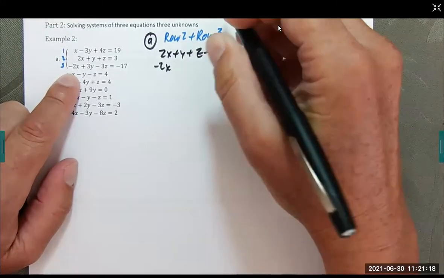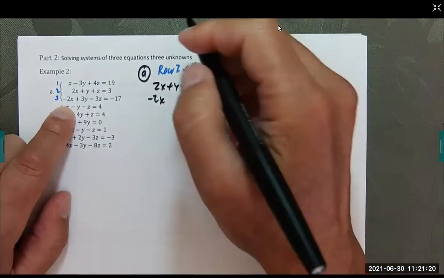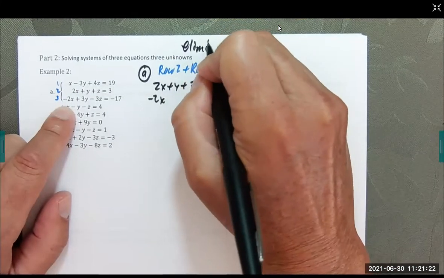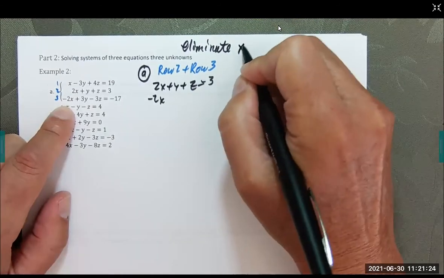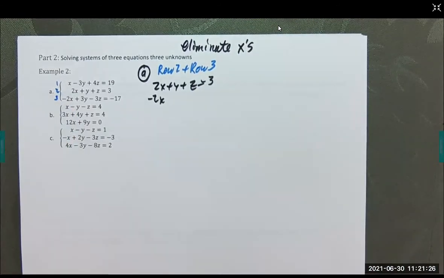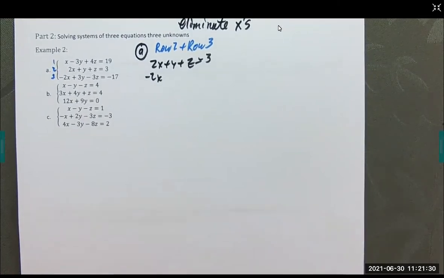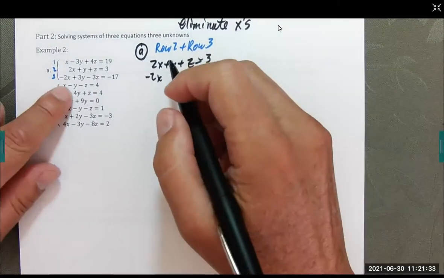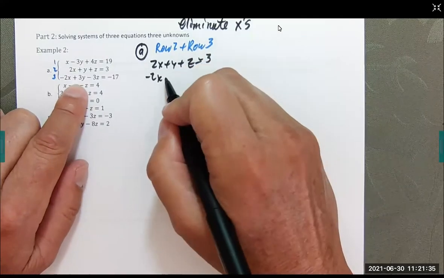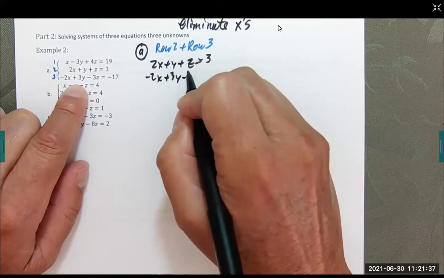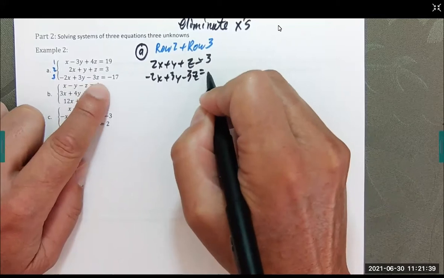So I'm eliminating the x's. Let's write that. You can eliminate the x's, y's, or z's. It doesn't matter. It looked easier to eliminate the x's in this case. And that's plus 3y minus 3z equals -17.